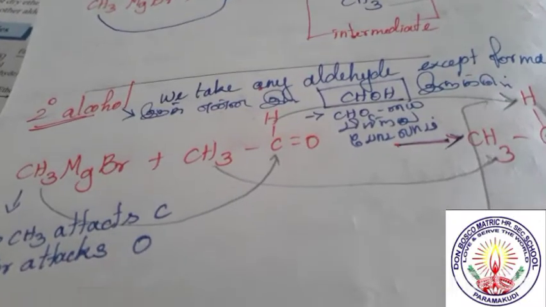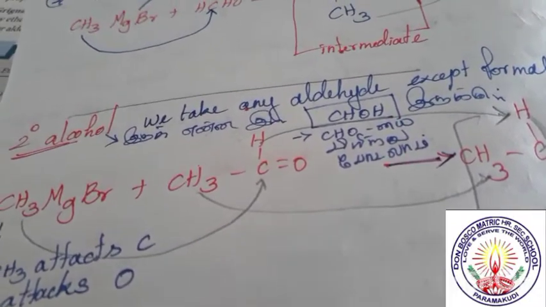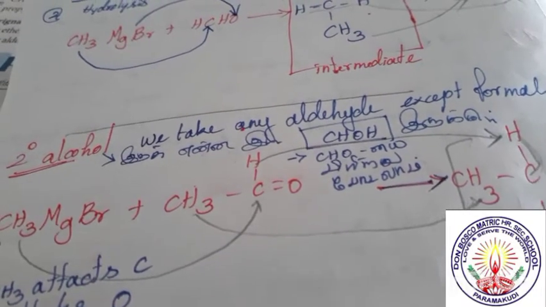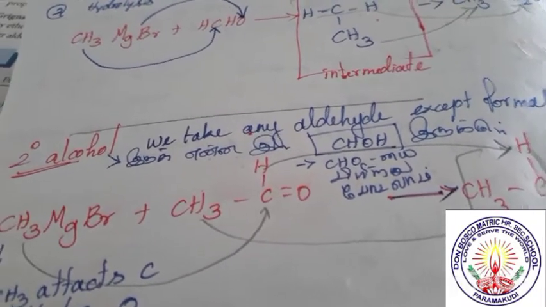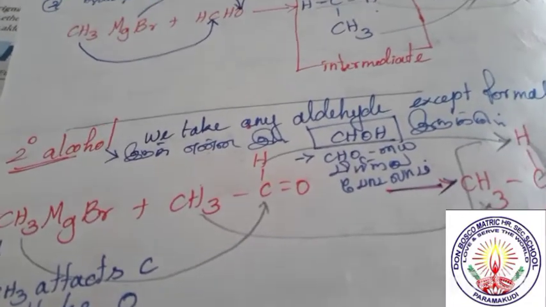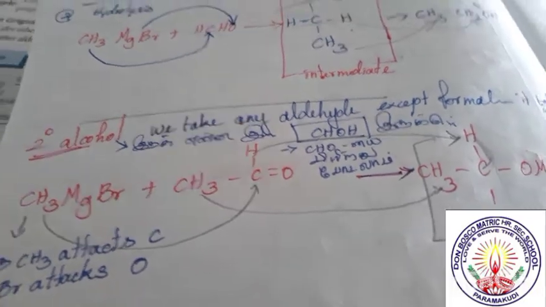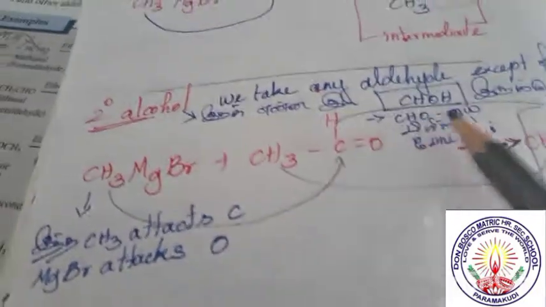Now we shall see the secondary alcohol. Here we will take aldehyde except formaldehyde. For the primary alcohol we must take formaldehyde, and for the secondary alcohol we can take any aldehyde except formaldehyde. So that is CHOH.